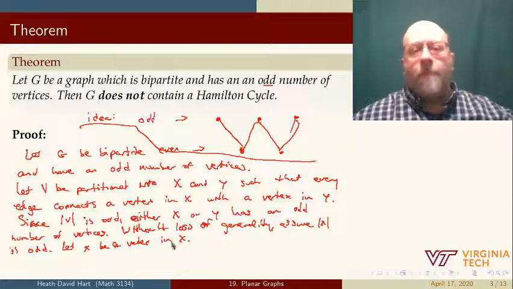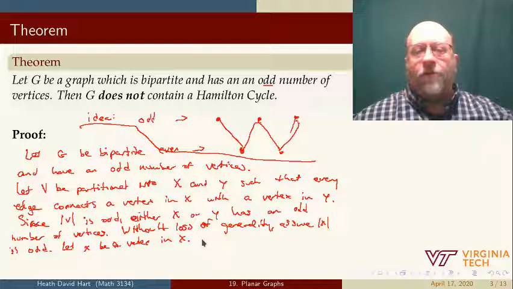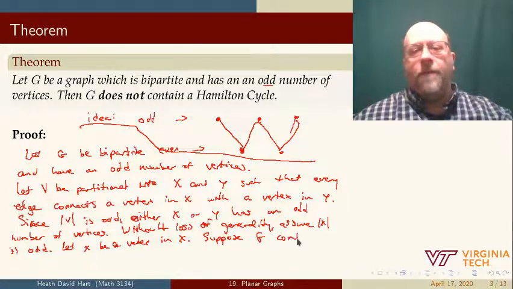Okay. So we've set all this up. Now we're going to set up a contradiction. Suppose G contained a Hamilton cycle.